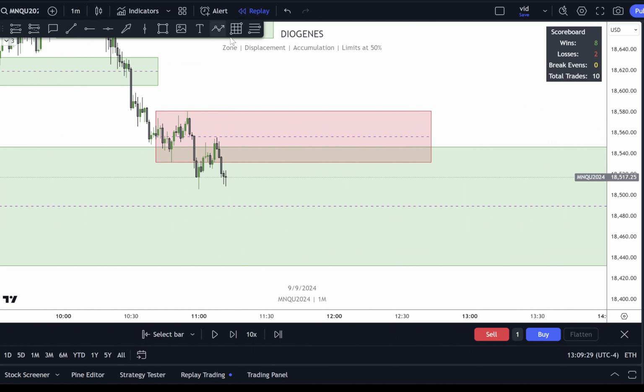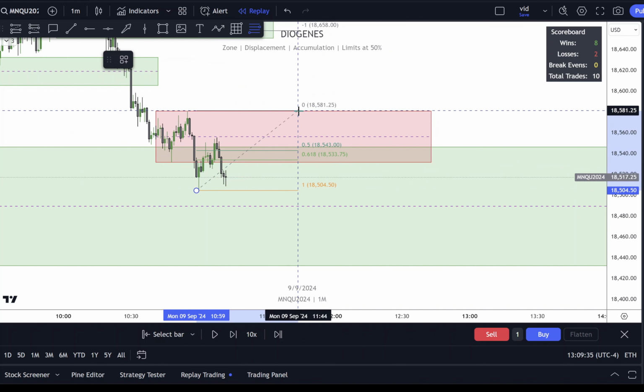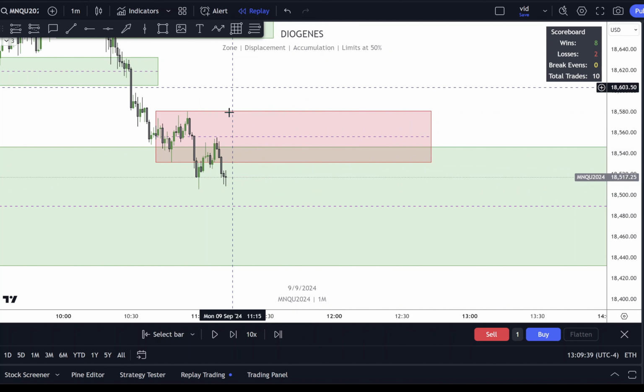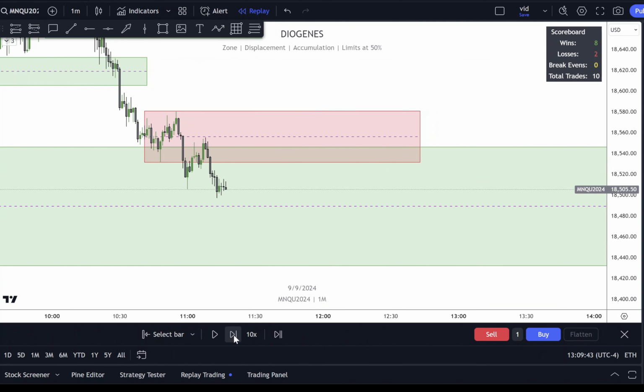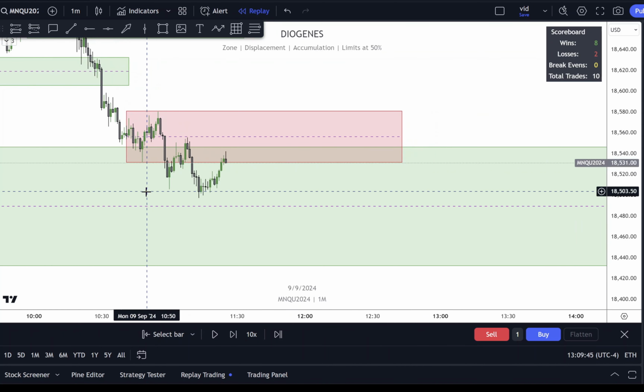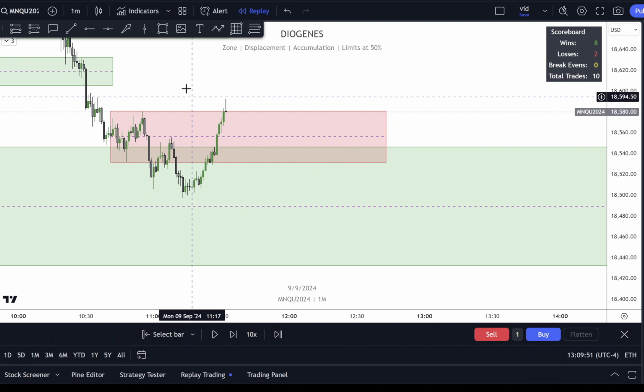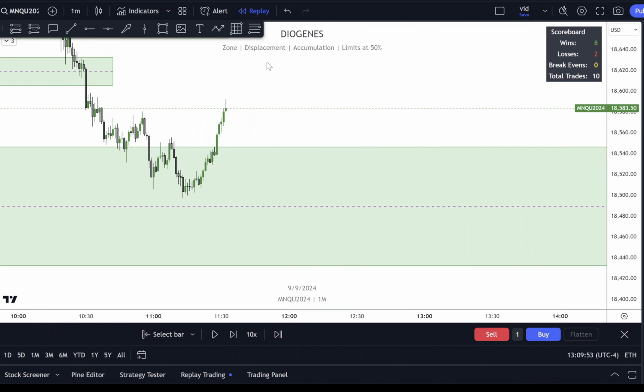Again, remember the FVG at 50% of this leg, right? Just holding the price, and then we go up. Now that's a golden bullet entry, right? Okay. So did we close under here? Yes. Okay, cool.